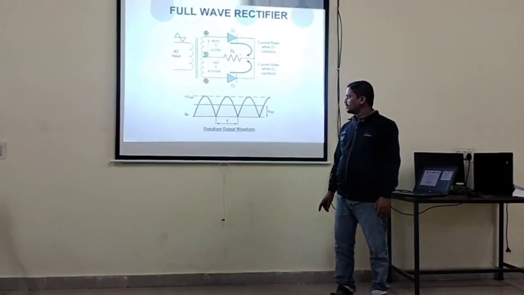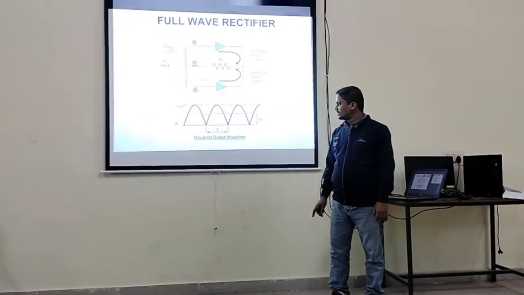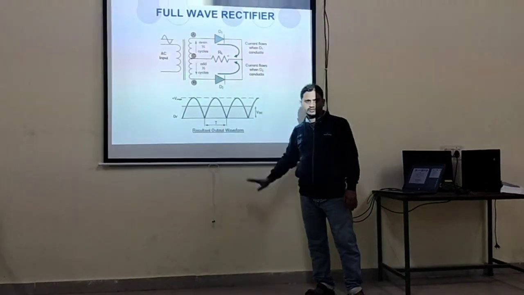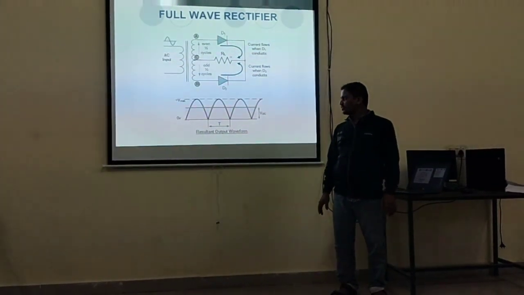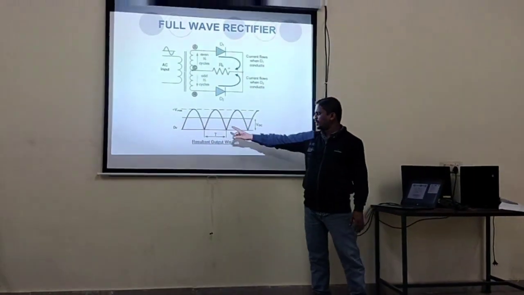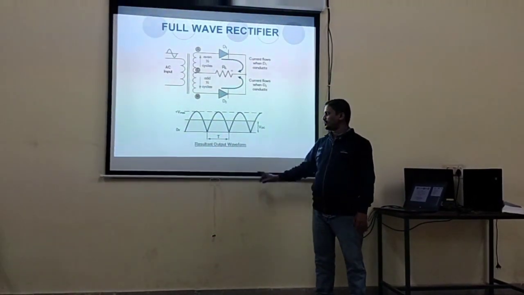That means this is the total output across the load resistor RL. For the complete input cycle, the output waveform is a set of positive half cycles.